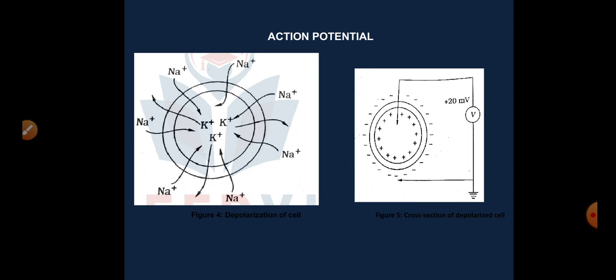Next, we have the action potential. Due to some external energy or some stimulation or excitation of the cells, the flow of ionic current takes place.